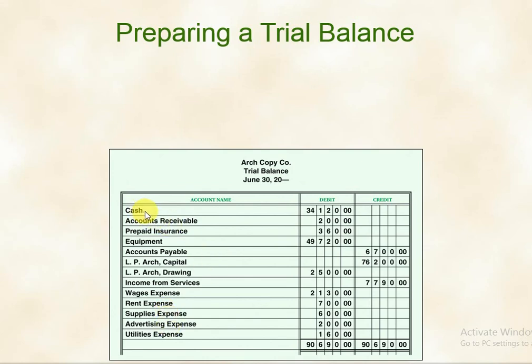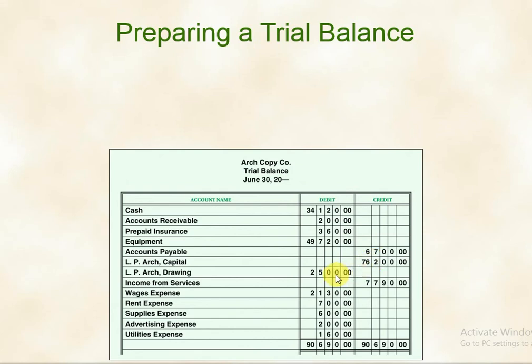Cash having a debit balance, you will record the balance here in the debit column. Then accounts receivable debit, your prepaid insurance debit, your equipment debit. Then the payables, which are to be considered as a liability account, current liability, will be recorded on the credit side, the capital on the credit side.